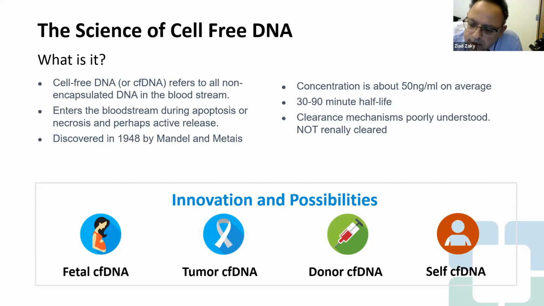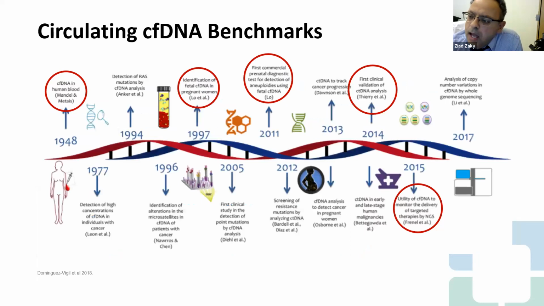And there have been several uses for cell-free DNA. There's fetal cell-free DNA, tumor, donor, and self cell-free DNA. If we look at the history, it started in 1948 when it was discovered, and maybe until 2011, when cell-free DNA was used to detect genetic abnormalities in pregnant women.